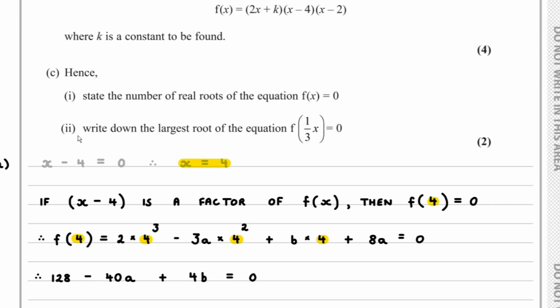For the second part of part C, write down the largest root of the equation f of 1/3 x equals 0.